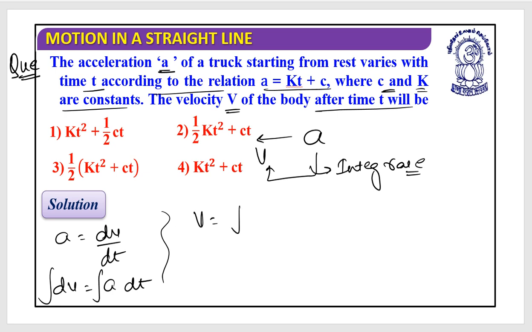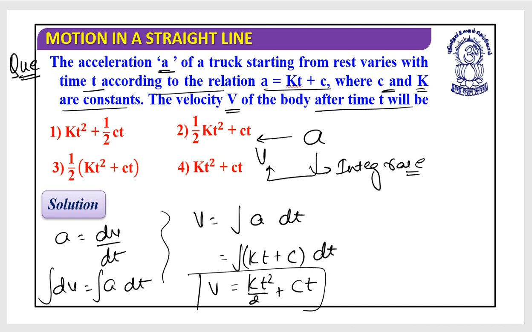So v equals the integration of a dt, which is the integral of kt plus c dt, equal to k t square by 2 plus ct. This is the velocity. This is kt square by 2 plus ct, and this is the answer.